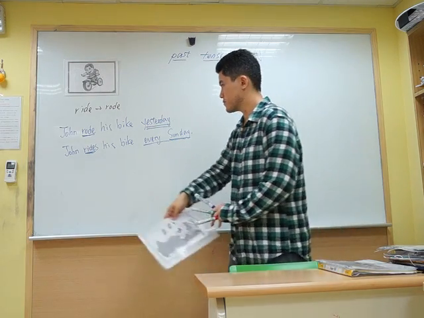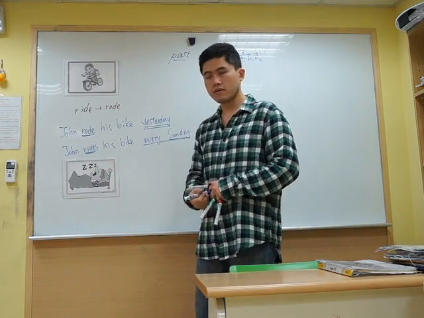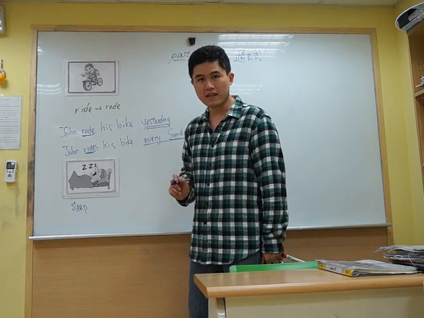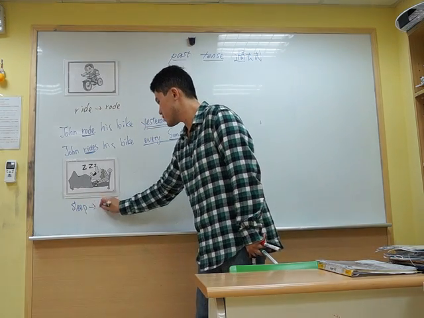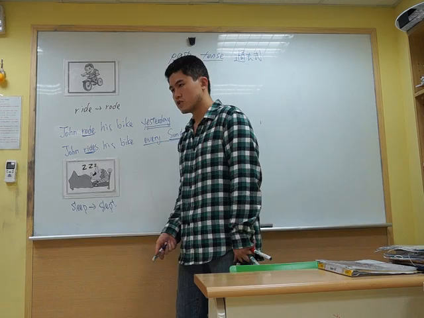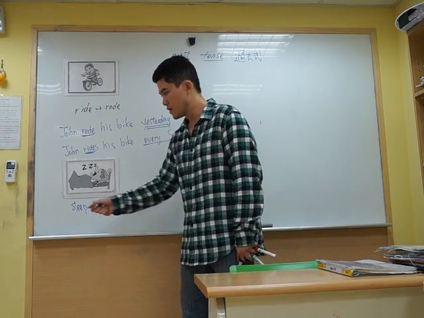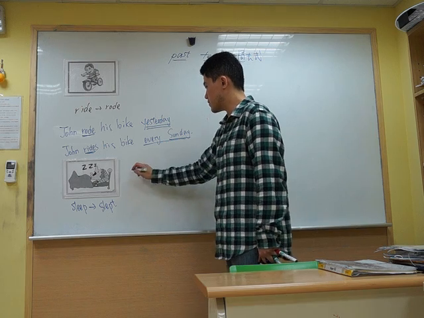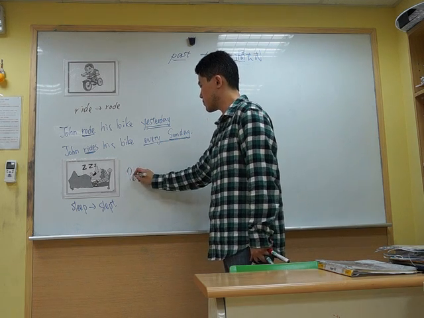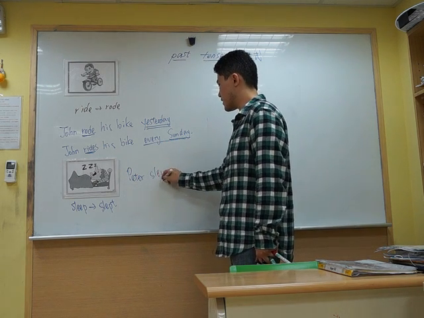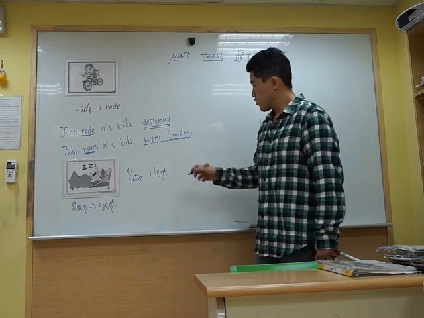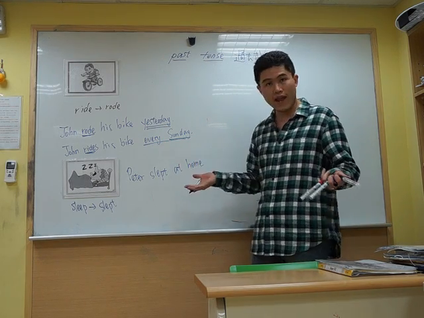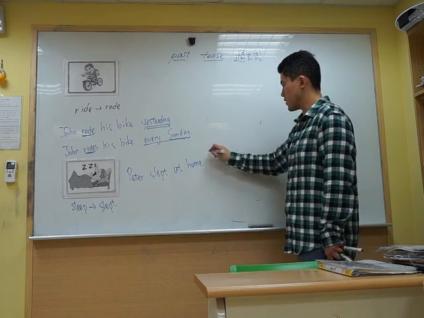Next one. What's the action? The action is sleep. The past tense of sleep is slept. So sleep, slept. Sleep, slept. So who slept? This is Peter. Peter slept where? At home. When? We need a time marker.